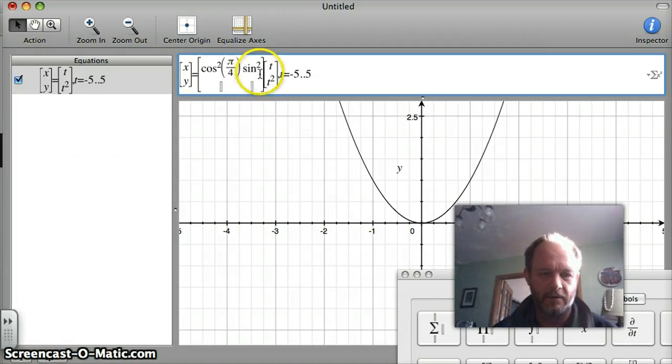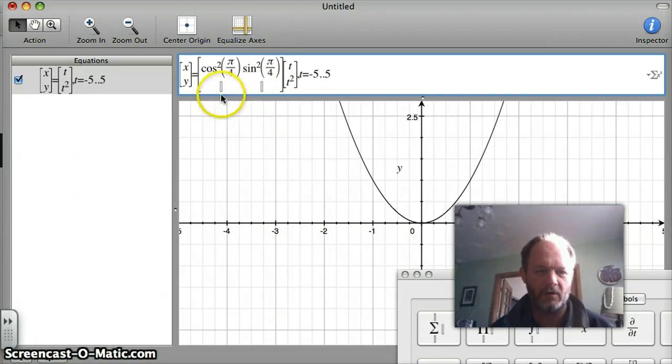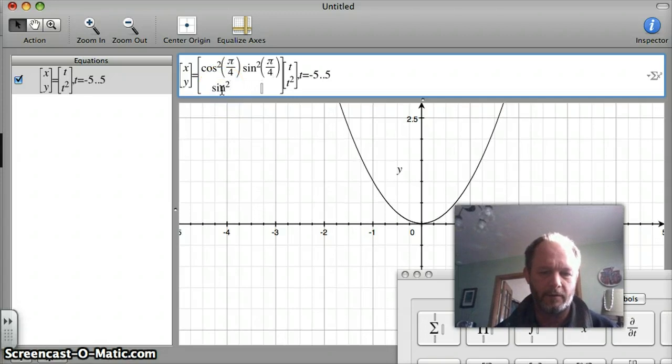Like anything, it takes a little bit of getting used to. Pi over 4. You see it's immediately knowing what I want to say and do. Sine squared of. You're also seeing here how important I think it is, and I am nobody, I'm just a dad, to teach kids immediately not just degrees but radians.